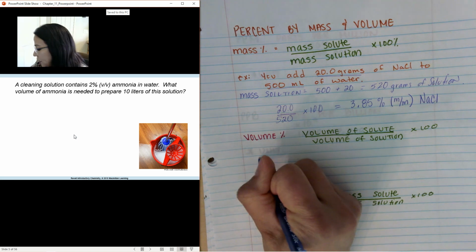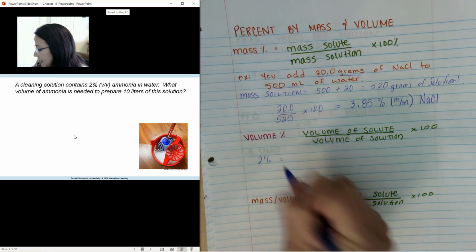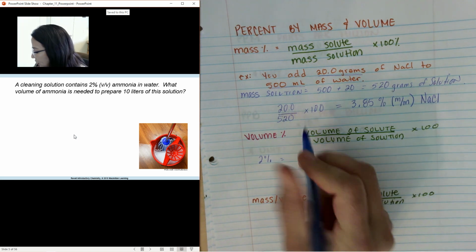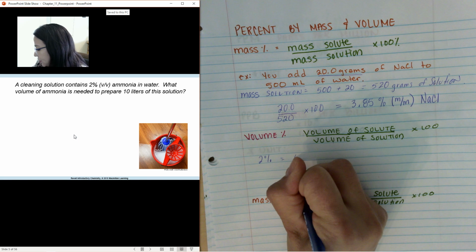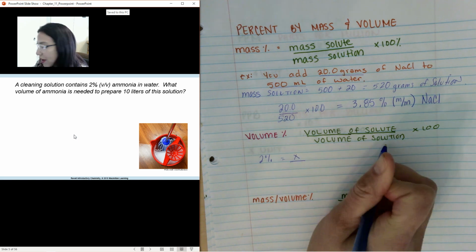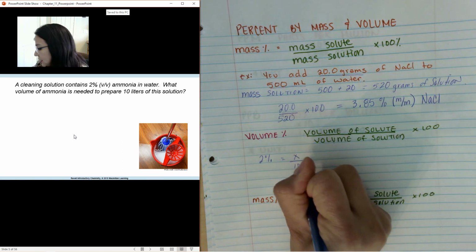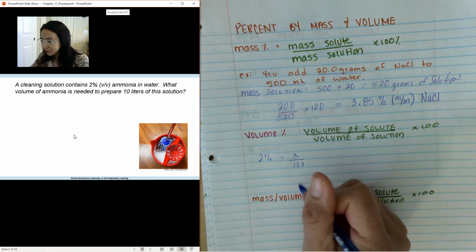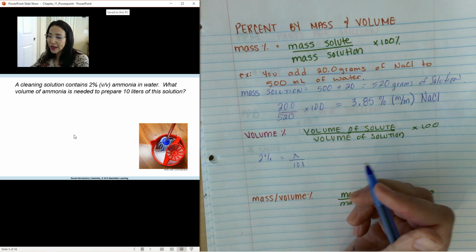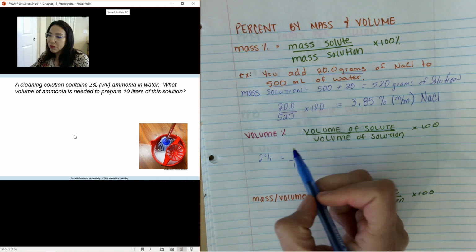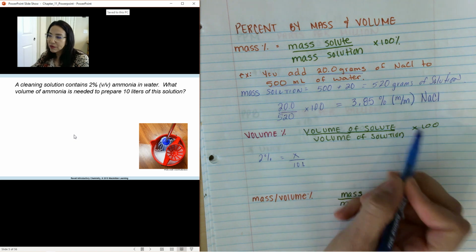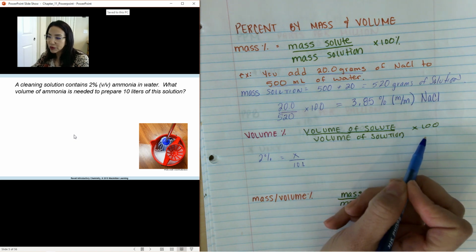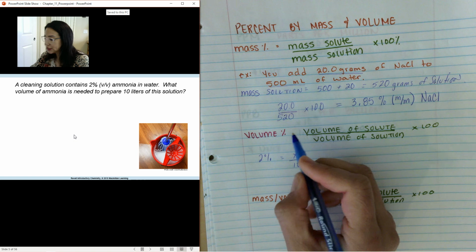So 2% is equal to the volume of the solute, which I'm just going to call X, divided by the volume of the solution, which is 10 liters. This information is given to us, and now we can go ahead and solve for it. If we remember, a percent is a number over 100, because we had to multiply by 100 to get to this.